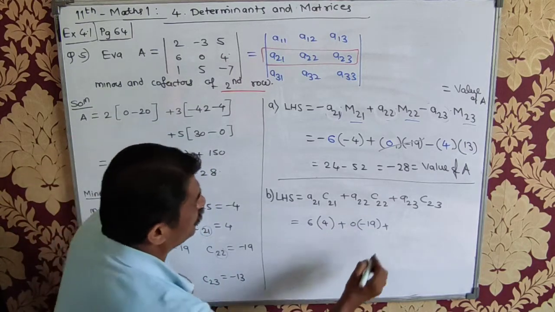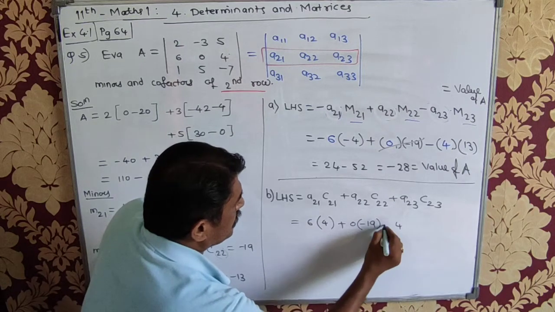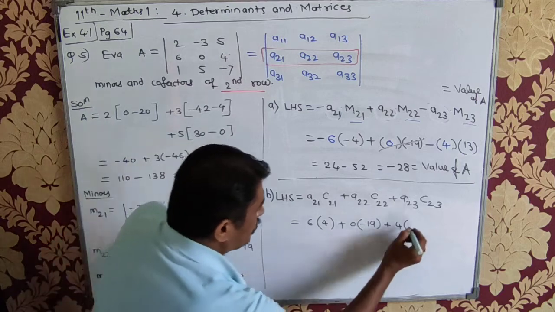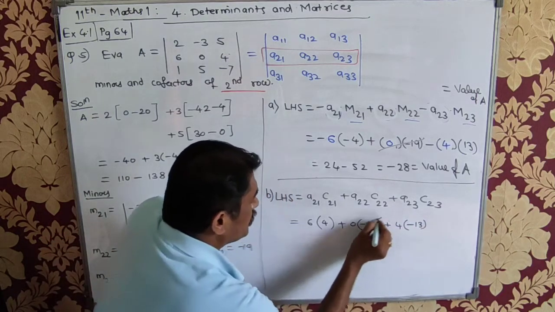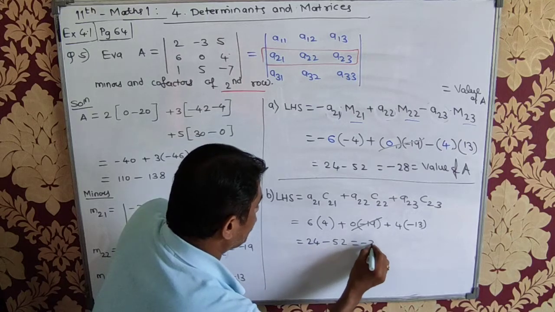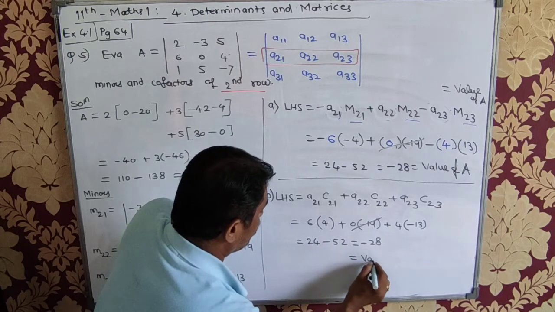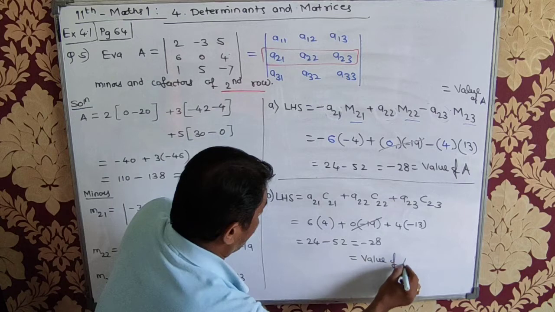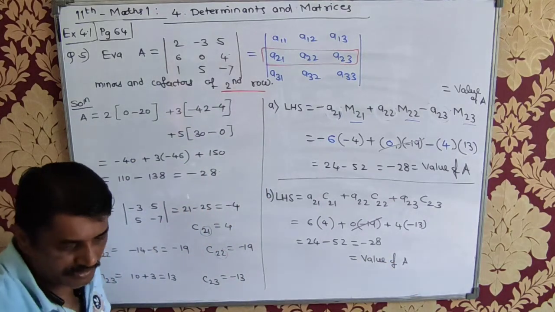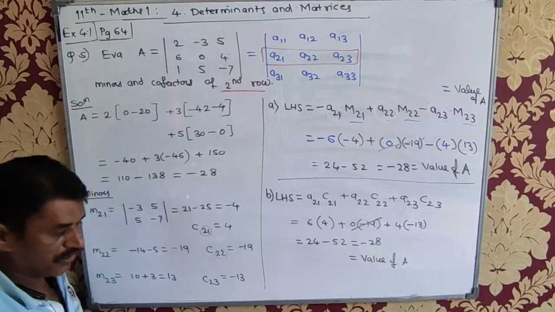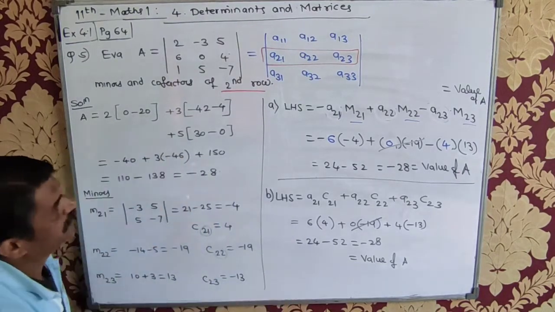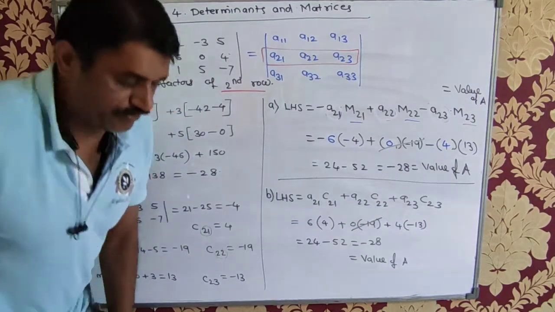A23 is 4 and C23 is minus 13. This is gone. Again minus 28, and that is equal to value of determinant. Okay. Now let me tell you one very important property of the determinant. You just take this page. We'll go for the next one.